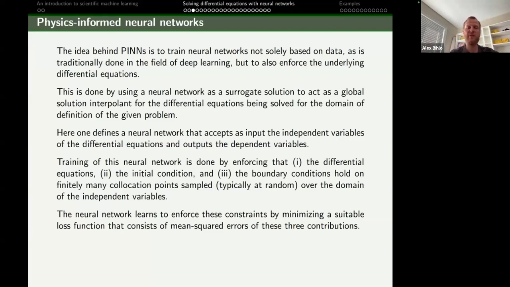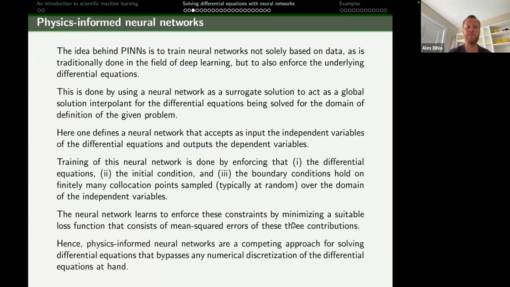And then tuning these weights and biases amounts to solving a constrained optimization problem, where the goal is to minimize the errors associated with these three contributions to your loss surface. So in this sense, physics-informed and numerical approaches are competing approaches.